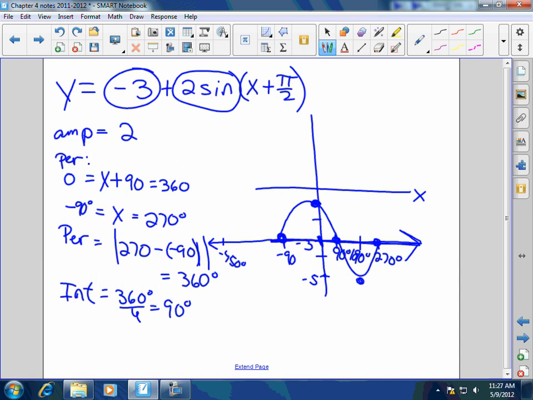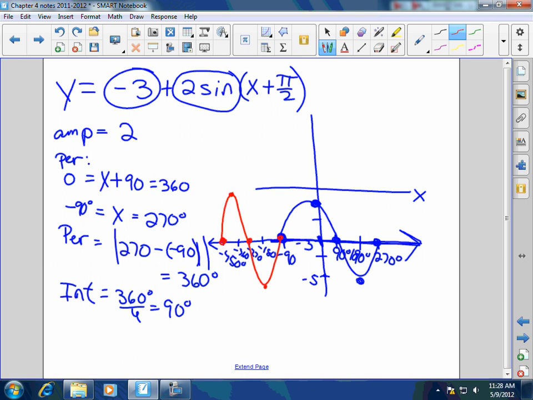Negative 450 plus 90 is negative 360. Plus 90, negative 270. Plus 90, negative 180. Plus 90, bam. Now remember, start the same way from left to right. Base, peak, base, trough, base. It should link right up. Does that make sense, my brothers?